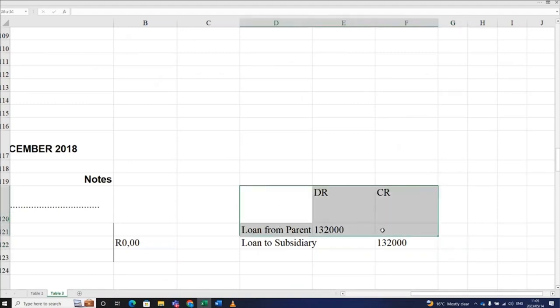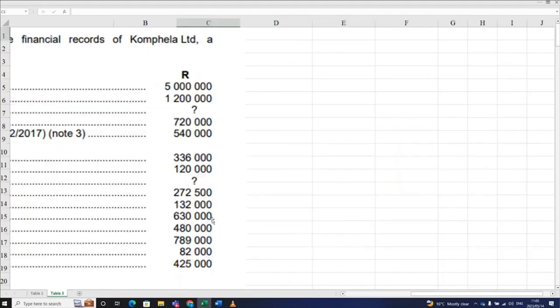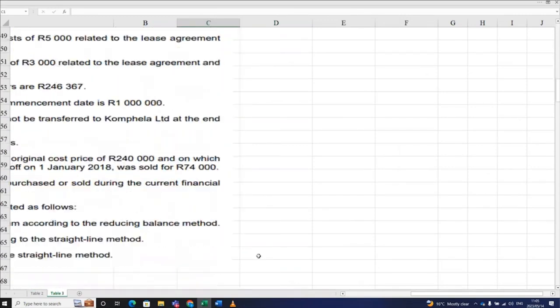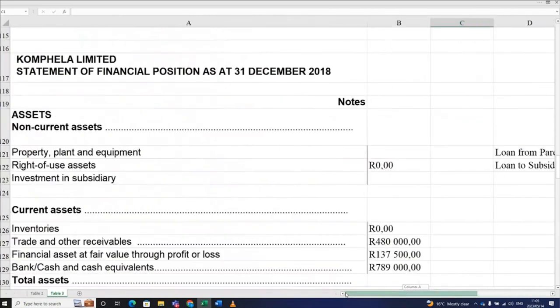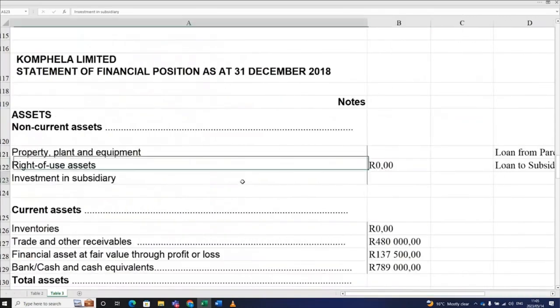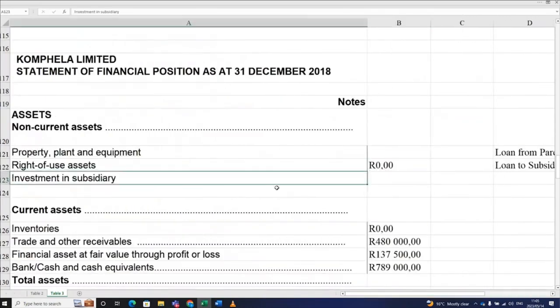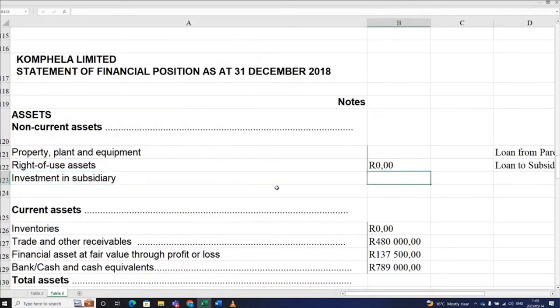So that's where this elimination journal comes from. Here they just have it under one line, without the breakdown, but most of the time they'll have it separate. So this investment in subsidiary would normally just be the cost.